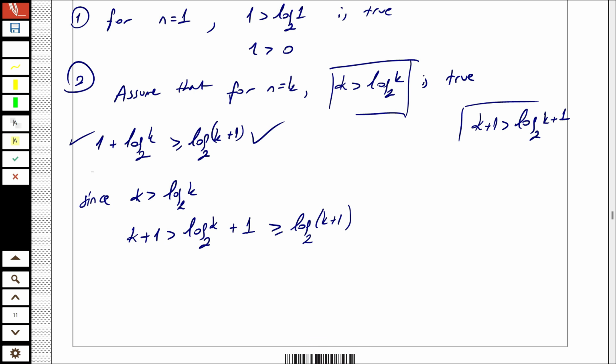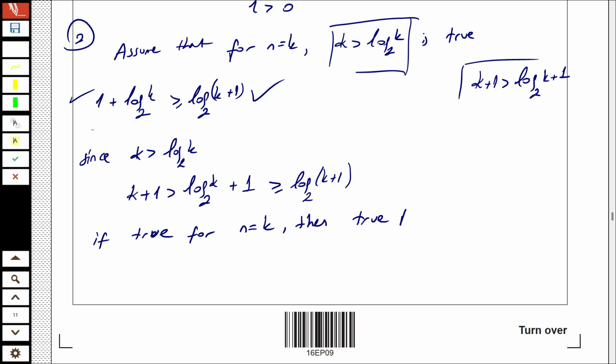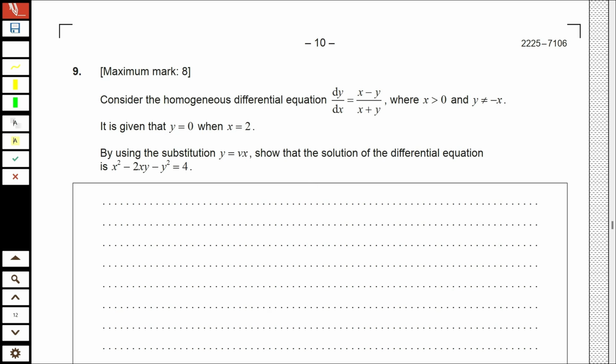And in this case, we show that for k plus 1, this claim is true. You can write: if true for n equal k, then true for n equal k plus 1, as true for n equal 1. Therefore, true for all n positive integers. Yeah, that's it. Question 9. Consider the homogeneous differential equation dy divided by dx equals x minus y divided by x plus y.